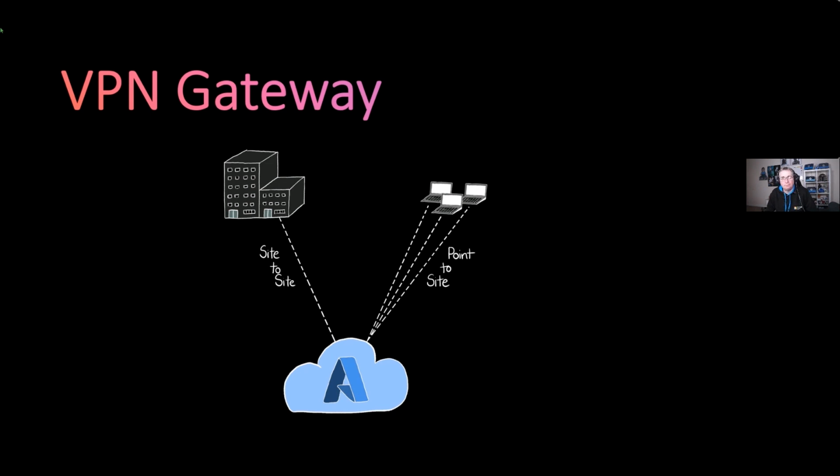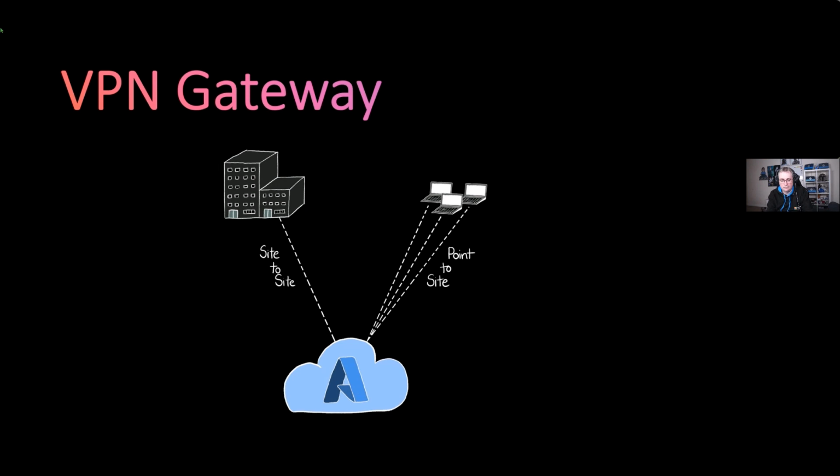They can just walk into the office, plug their laptop into the Wi-Fi or an Ethernet cable, and they have access to the resources they need. It's a good way of securing an office to Azure connection, because you have one VPN appliance or firewall sat within that office doing that work to communicate with Azure to keep that VPN tunnel running.